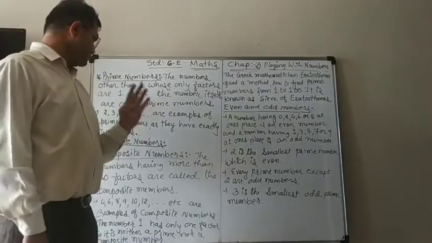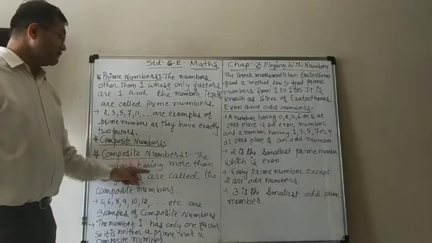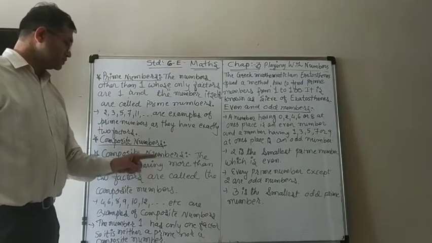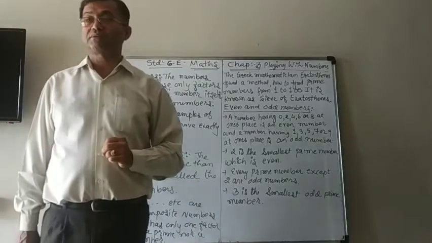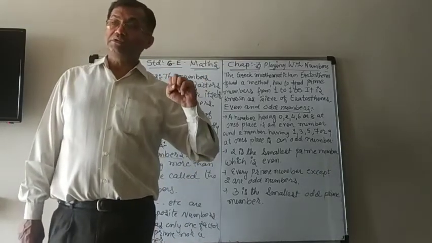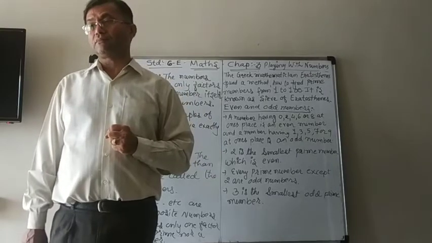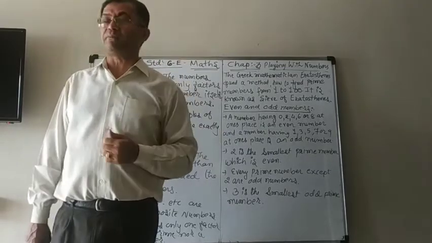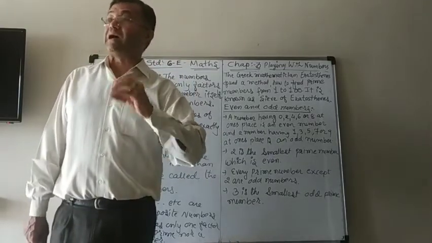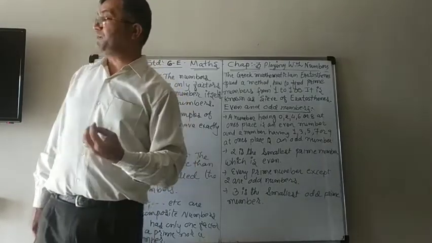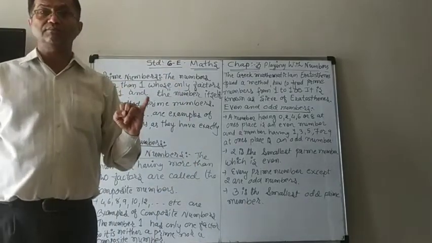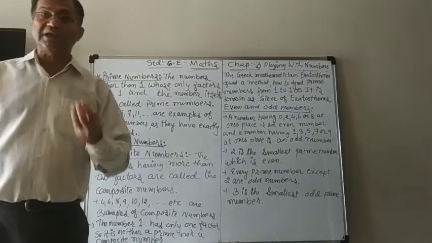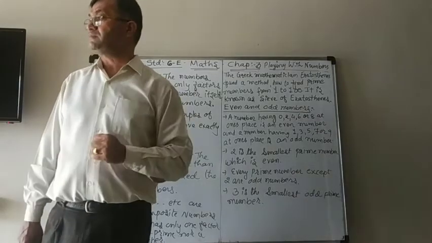So the numbers having more than 2 factors are called composite numbers. As we took the number 9 when I was explaining prime numbers, the factors of 9 are 1, 3 and 9. It means more than 2 factors.